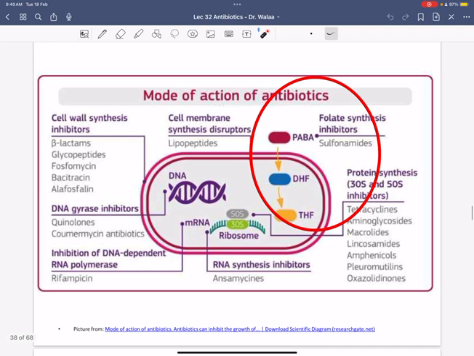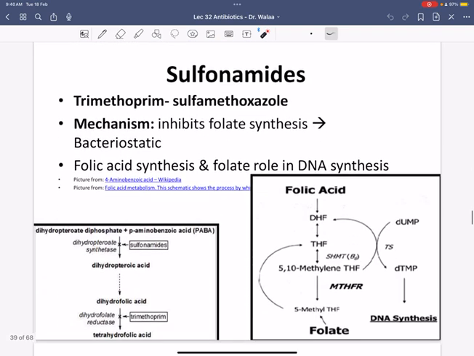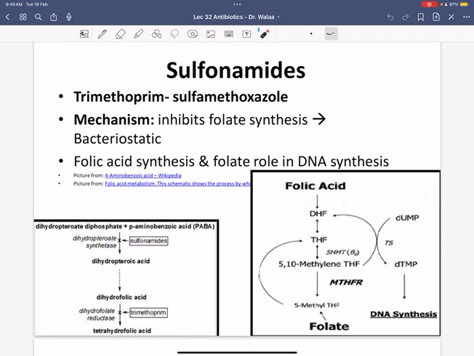The first group that we're going to talk about is trimethoprim sulfamethoxazole, or as it's called, Bactrim. Okay, it works on inhibition of folate.